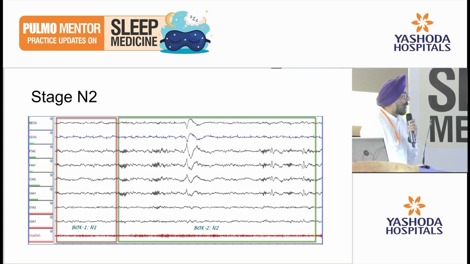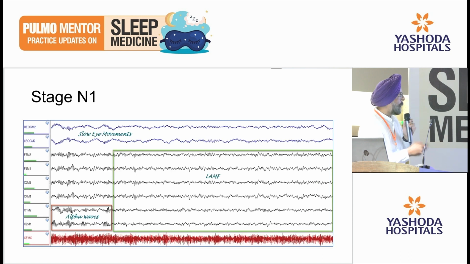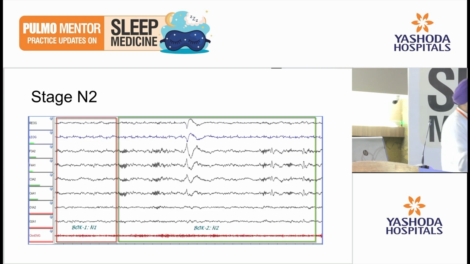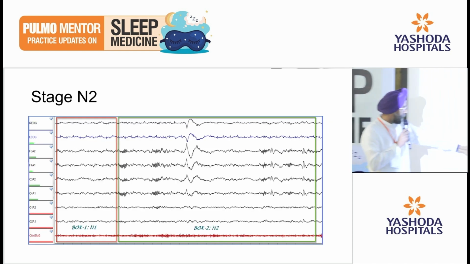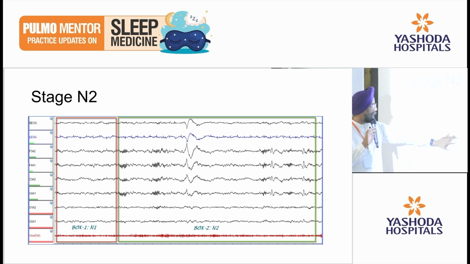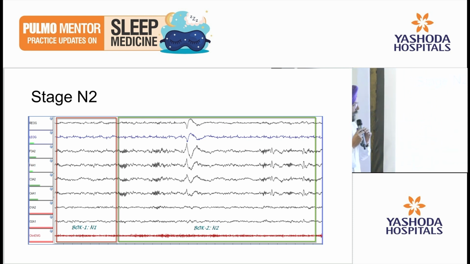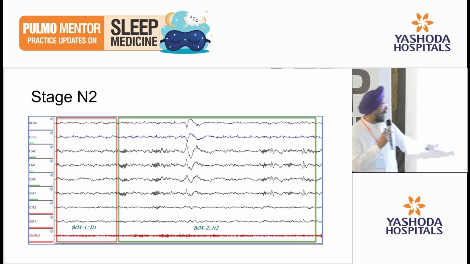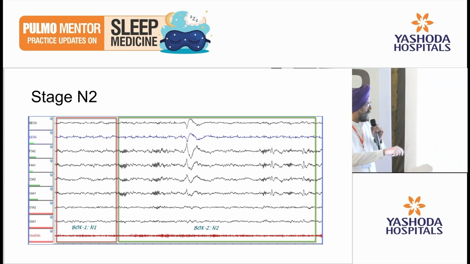So alpha replaced by LAMF, this epoch is scored as N1 because there are no spindles or K complexes seen here. If this epoch is N1 and I go to the next epoch, in the first couple of seconds LAMF activity is seen without spindles and K complexes, which is N1. But then we see a spindle appearing right over here.